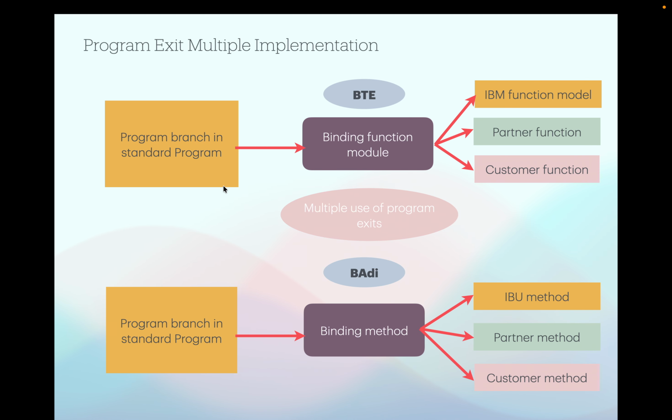The figure shows the runtime architecture when the program has multiple active implementations. If the BTE or BAdI has multiple active implementations, the program will run all the implementations sequentially, in succession.